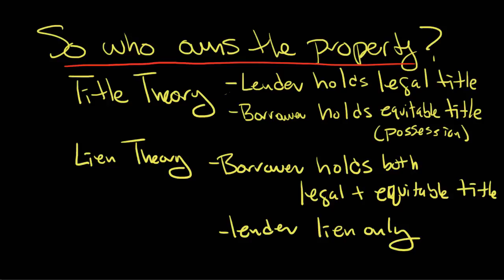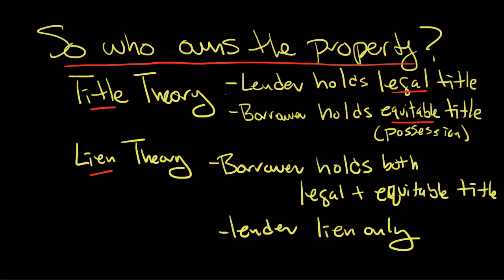But for the most part, your state is either going to be a title theory or a lien theory state. In a title theory state, the lender holds legal title. They actually have title to the property, and you as the borrower, the so-called homeowner, have equitable title.